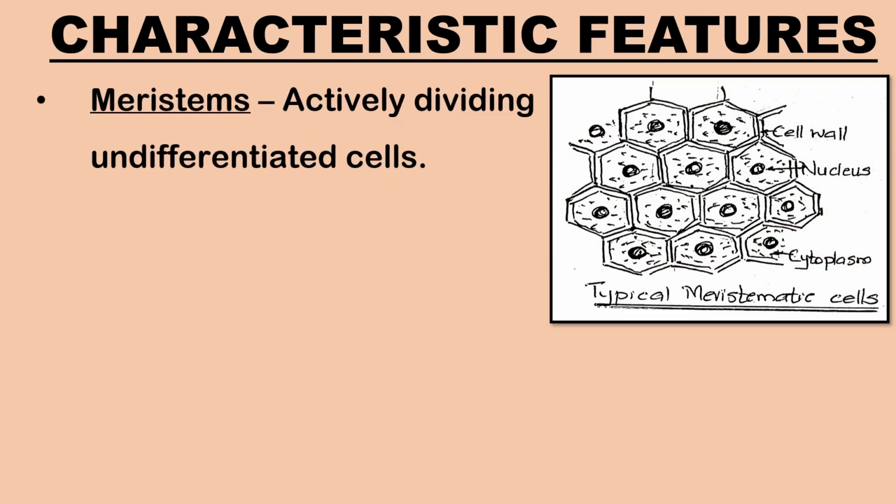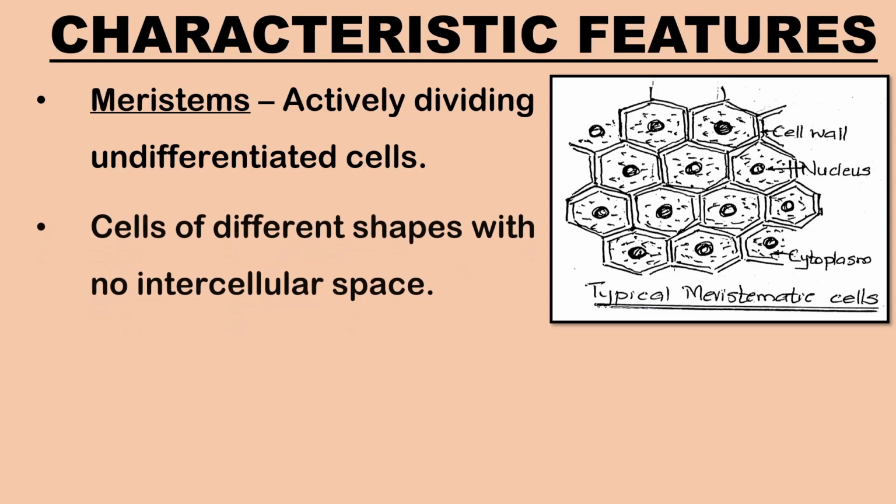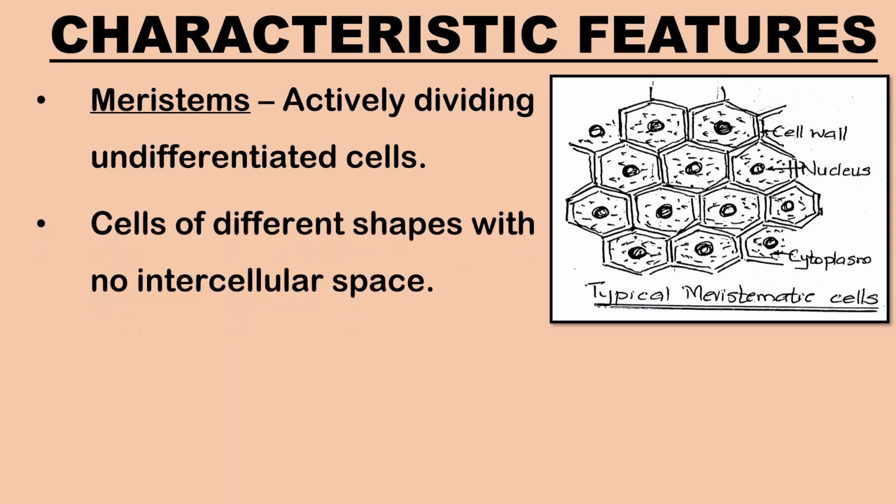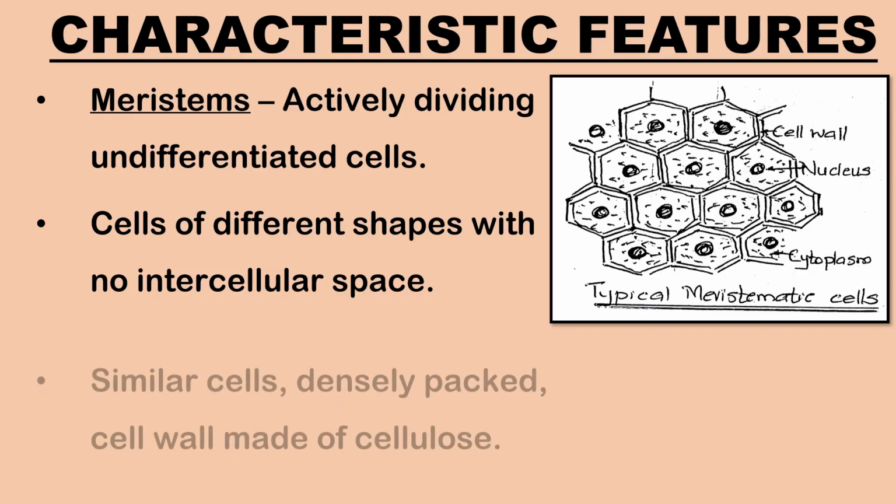Meristematic tissue is characterized by actively dividing undifferentiated cells known as meristems. The cells are spherical, oval, polygonal, or rectangular in shape with no intercellular spaces between them.